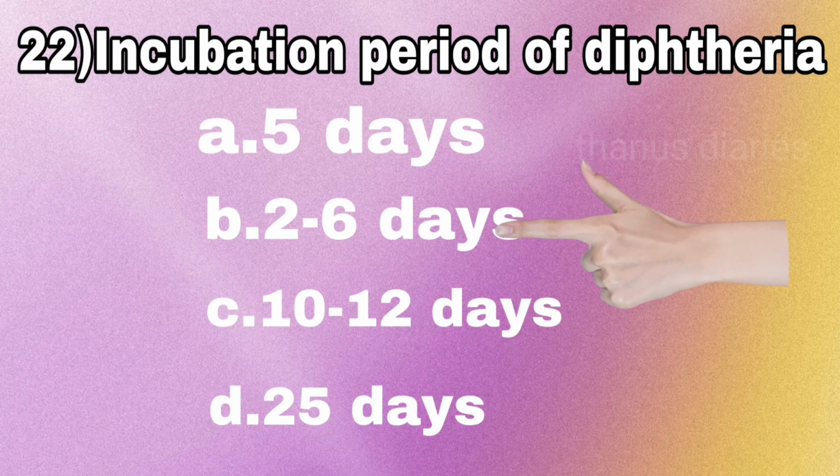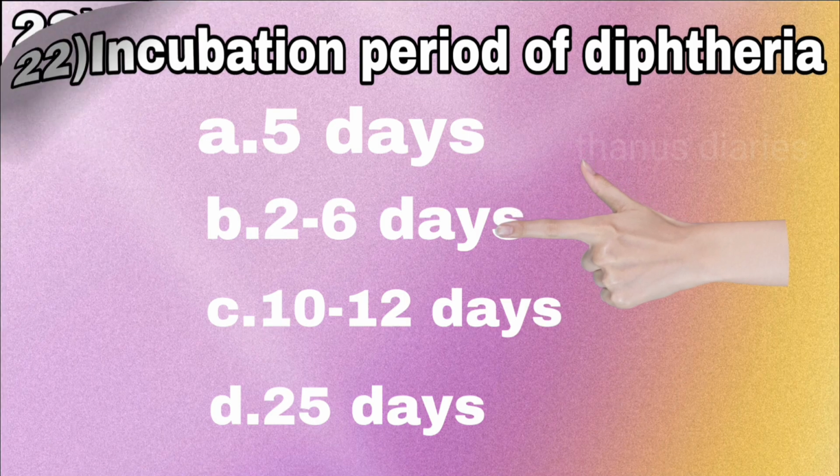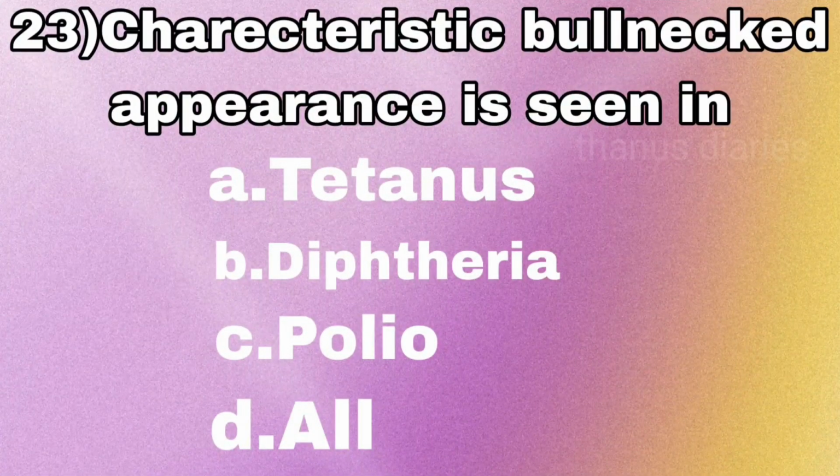It's 2 to 6 days. Next question. Characteristic bull-necked appearance is seen in tetanus, diphtheria, polio, and all of the above. It's seen in diphtheria.